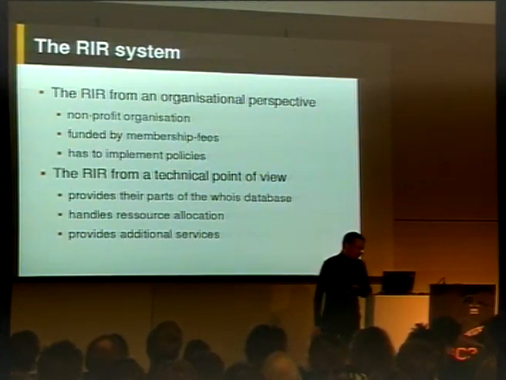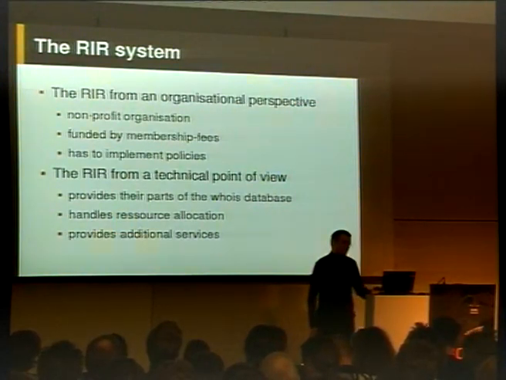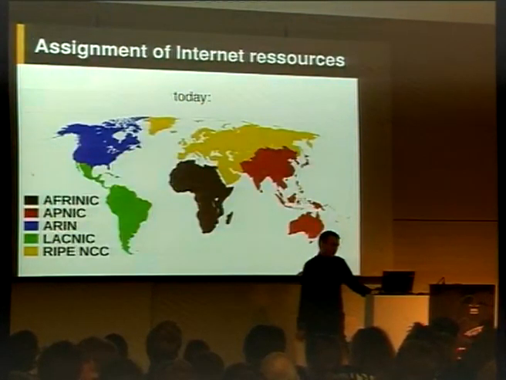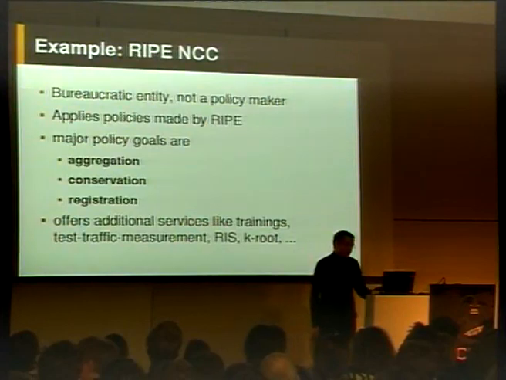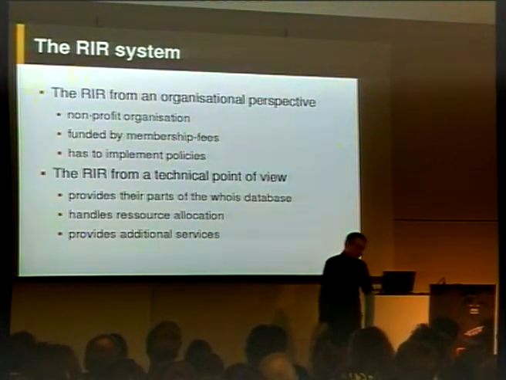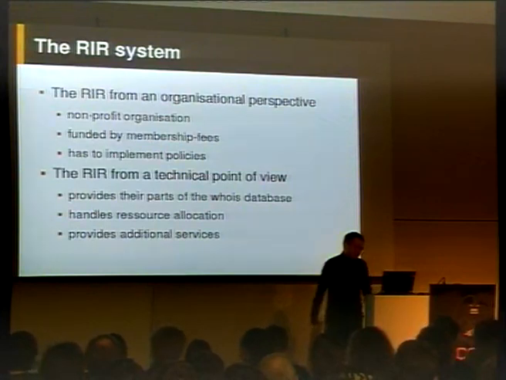So they actually reach a consensus on something, and it mainly represents the opinion of the people in the certain area of that regional internet registry. From a technical point of view, of course, they hand out the resources, and they provide additional services which are not the core purpose, but are quite nice to have.